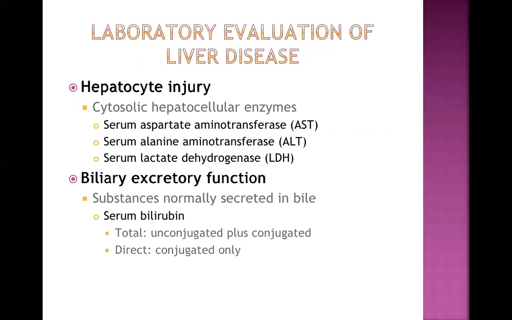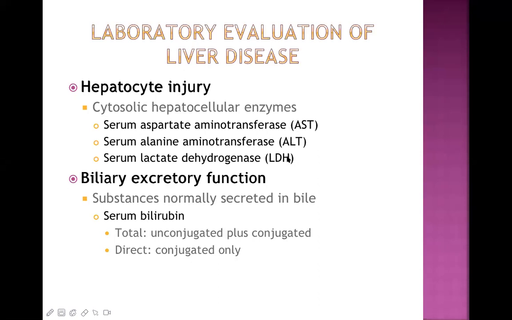Now, with this information, let's talk about another important part, that is how to evaluate liver disease in the lab, or which lab test you would like to order. Now see here. The first type of test we do are these liver enzymes.